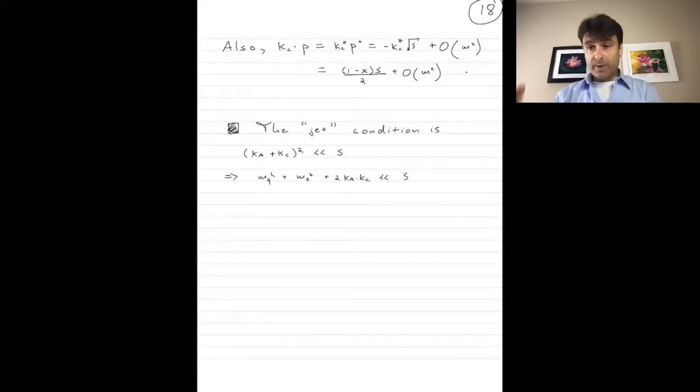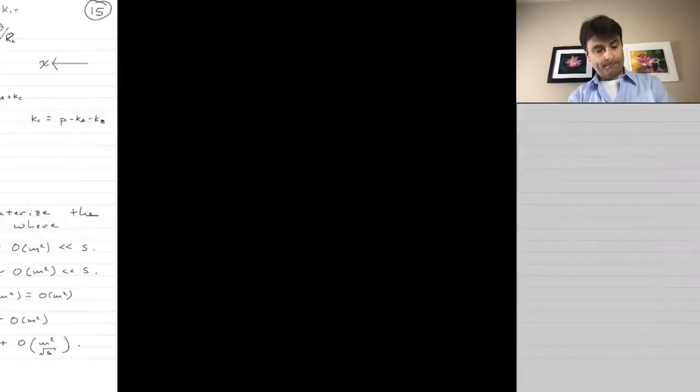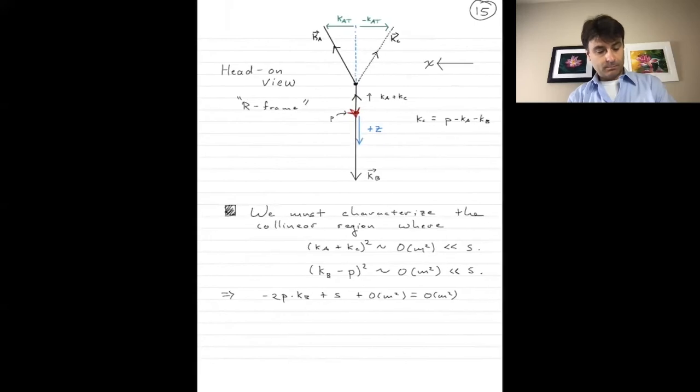Okay, now go back to what we said many notes back now, way back here. Well, we said (Ka plus Kc) squared has to be small relative to s.